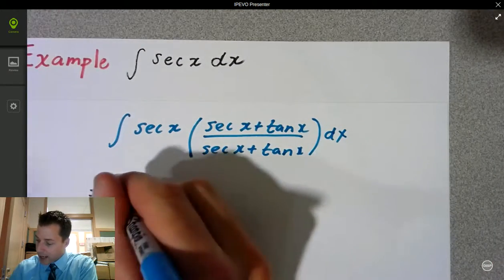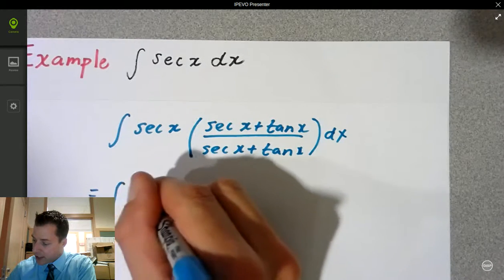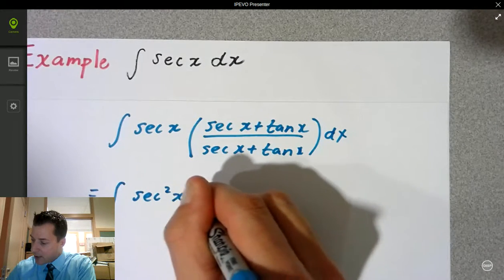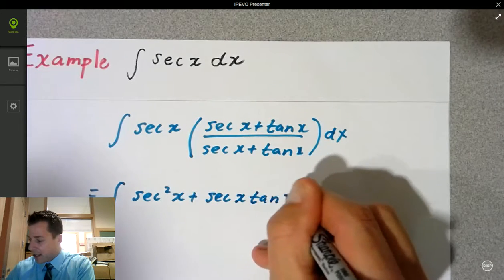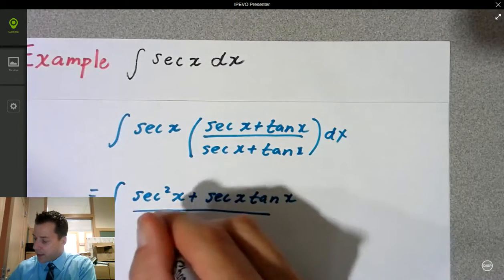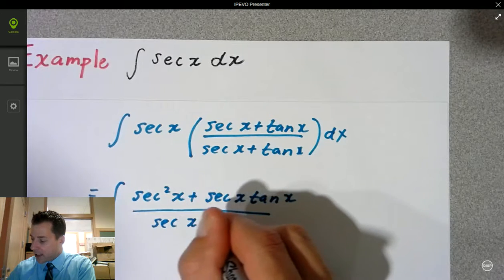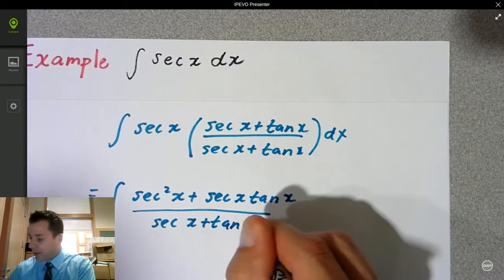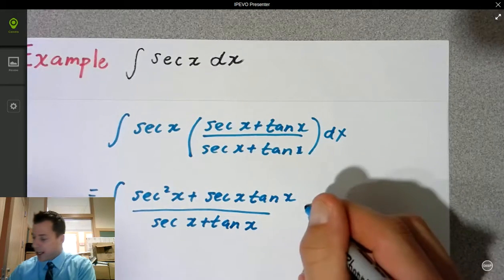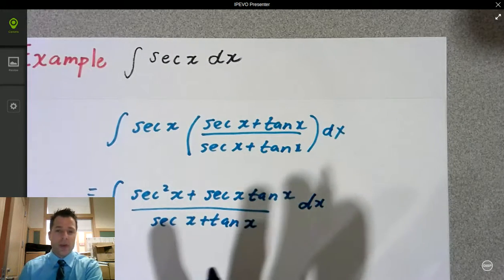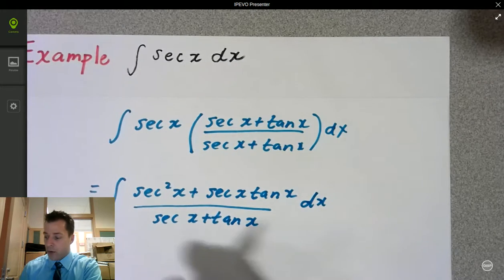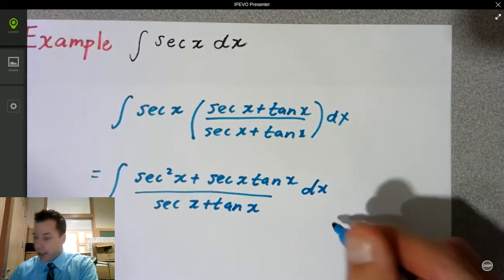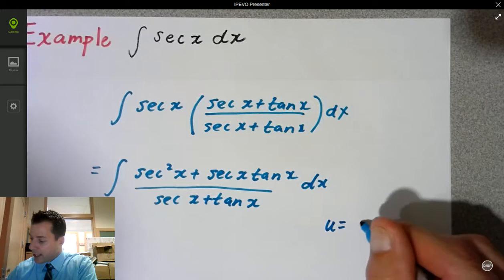When we simplify that, you get the integral of secant squared x plus secant x tan x over secant x plus tan x. Now, you're probably not going to be able to figure this out, multiplying it like that. I'm basically doing this to show you the rule. This is just another property, just like a power rule. Now we're going to let u equal the denominator.